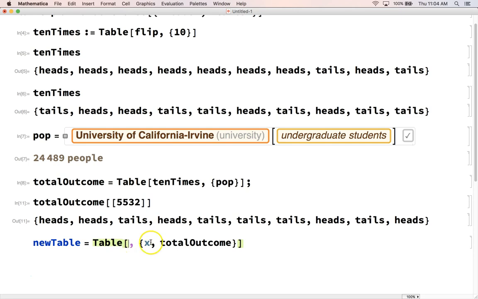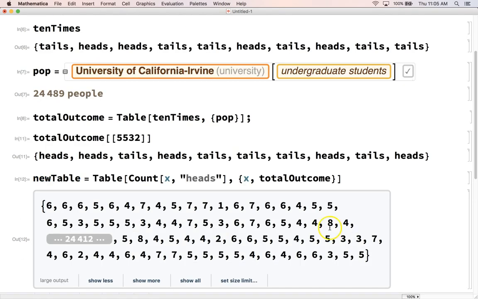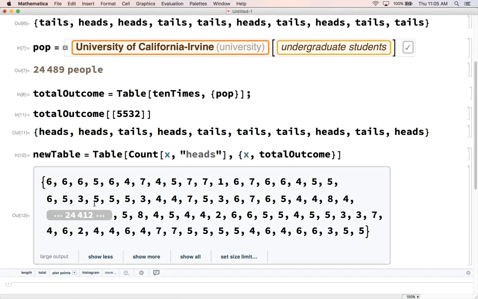And then what do I want to do for each of those lists? I want to count for that X, how many times did heads show up? And let me not put a semicolon at the end of it so we can see what it looks like. So this is like saying the first student got heads 6 times, the second student got heads 6 times, the fourth student got heads 5 times.